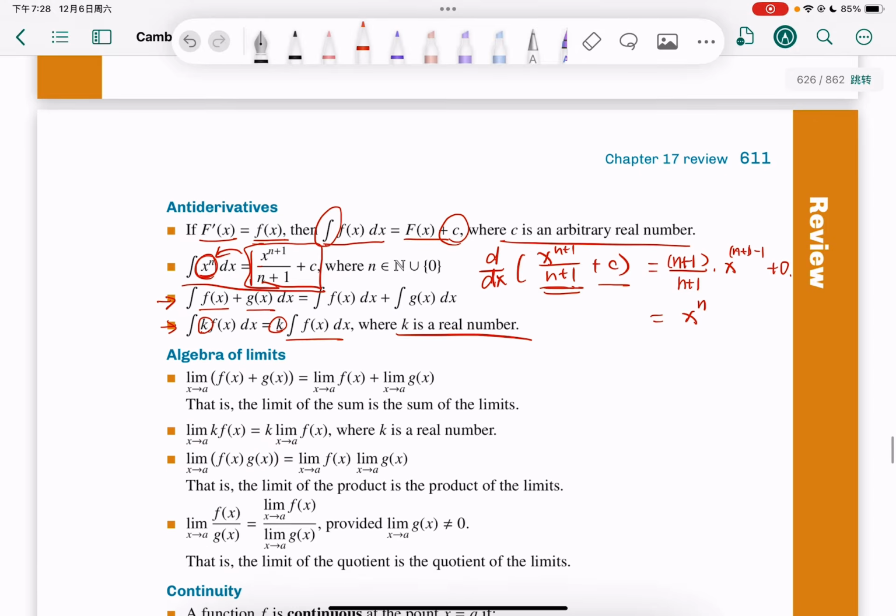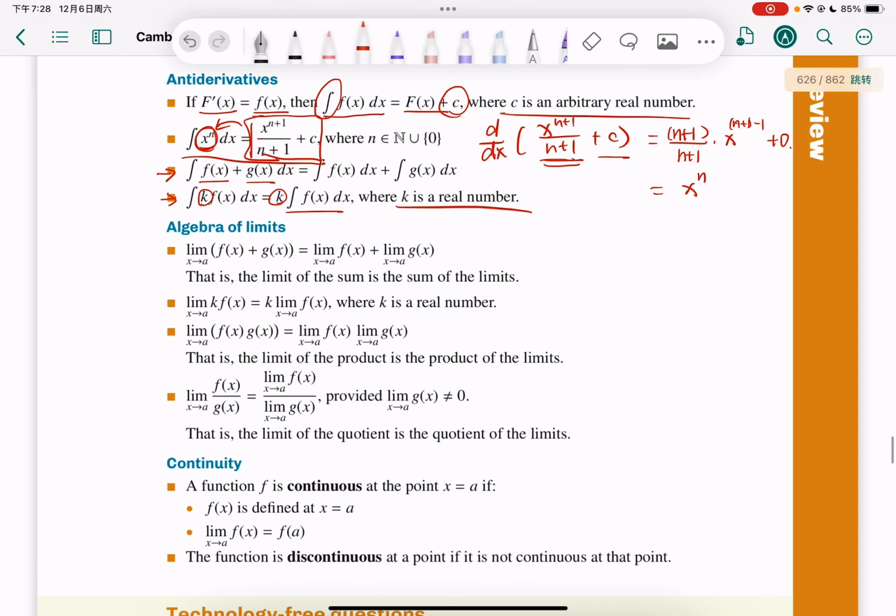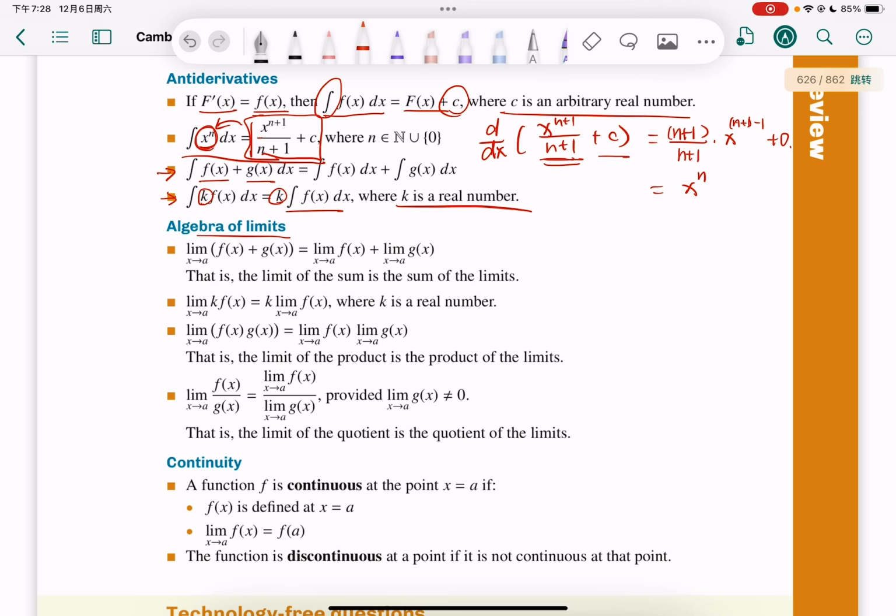Okay, so now about algebra of limit. Some rules about limit. Limit is actually very closely related to differentiation. If we want to take the limit of the sum of f and g, it's actually the same as taking the limit of each of them and then summing together.